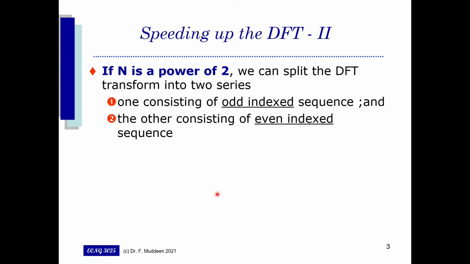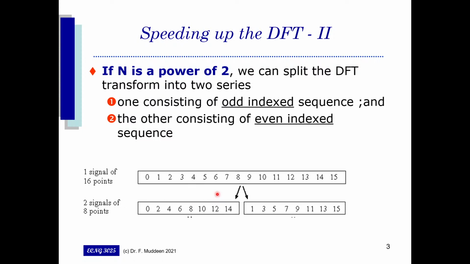One thing we can also note in order to speed it up even faster is that if the number of samples, capital N, is a power of 2, we can actually split that DFT sequence into 2 separate sequences, an odd index sequence and an even index sequence.